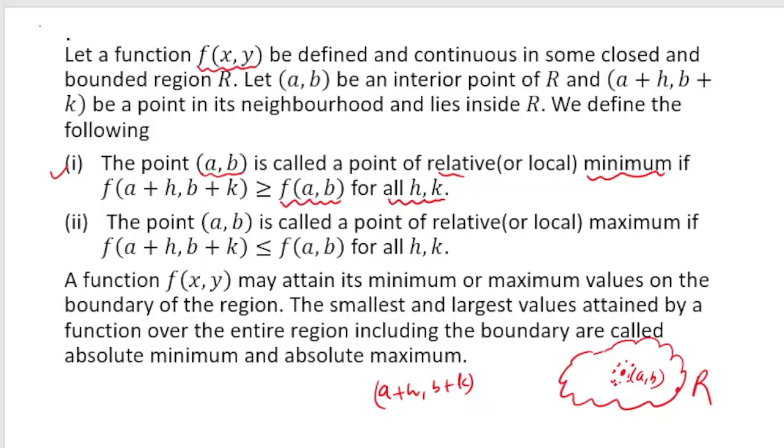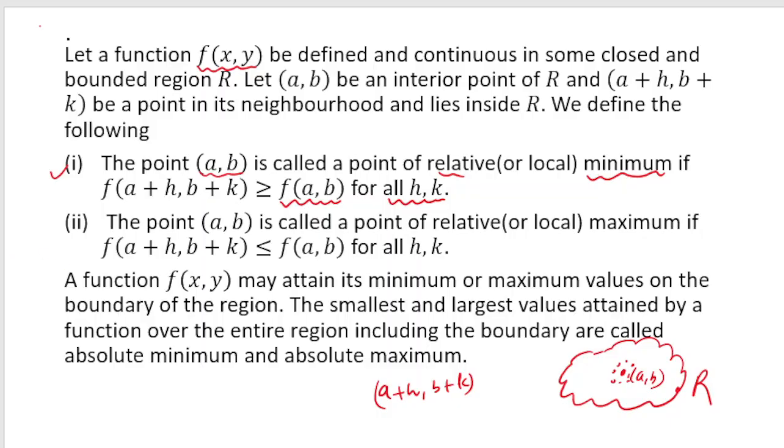It means that you calculated the function value at a comma b, but the moment you move in any direction around the point a comma b, the function value at those points is greater than the function value at a comma b. It means that this point a comma b is a point of relative minimum.